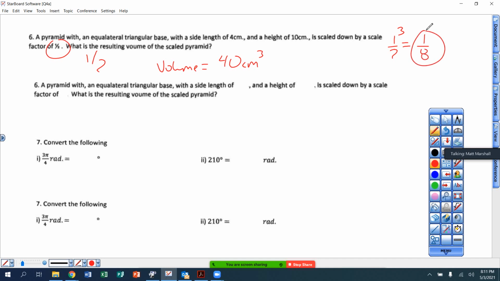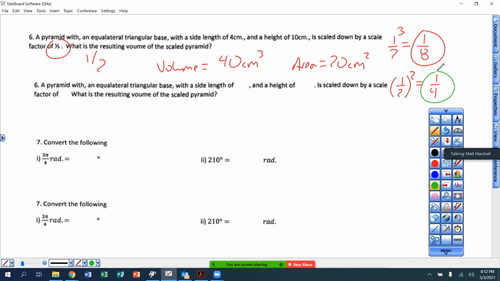If I was to give you area of something, again, the main thing I think he's trying to teach you, area is a square unit, not a cubic unit. For area, you would take that same scale factor, but not times it by 1/2, not times it by 1/2 to the 3rd power, but you times it by 1/2 squared. You times it by 1/4.